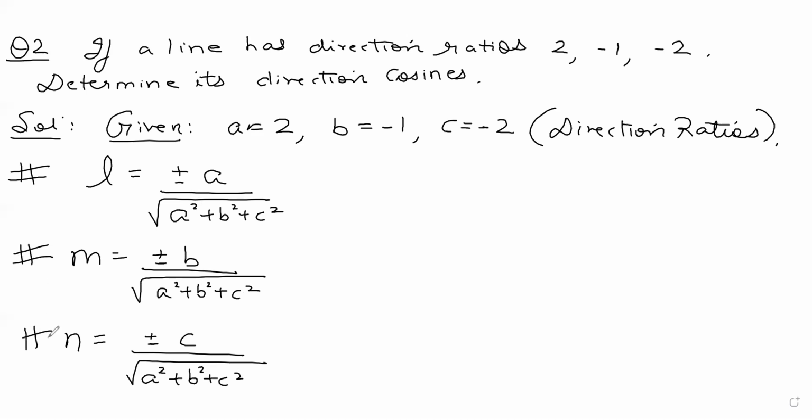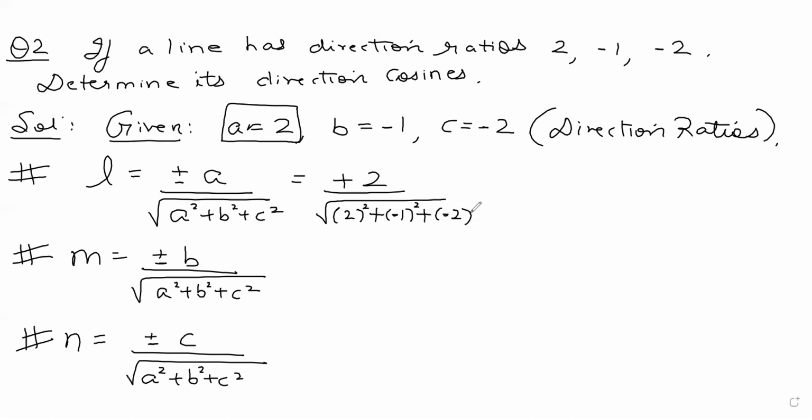Now guys, the sign of the direction cosine will exactly be same as the sign of direction ratios. So look at A is equal to 2, which is positive. So my L will be plus 2 upon the square root of 2 square plus (-1) square plus (-2) square.